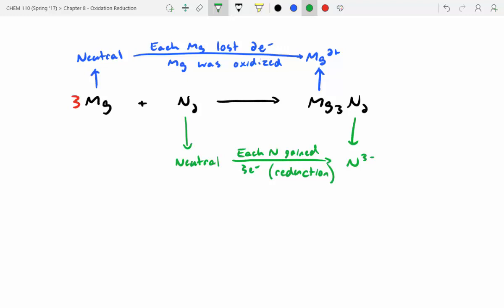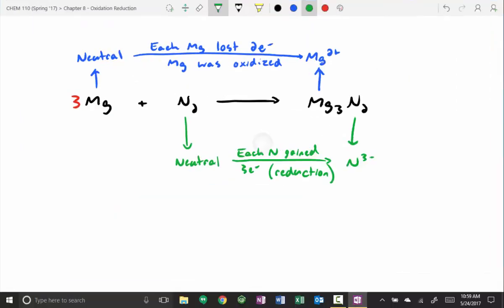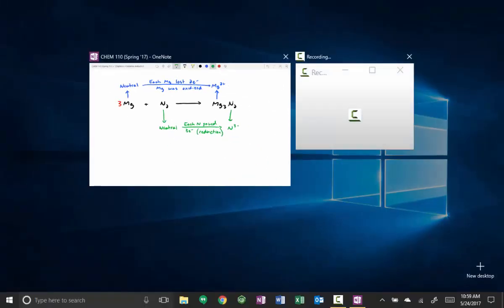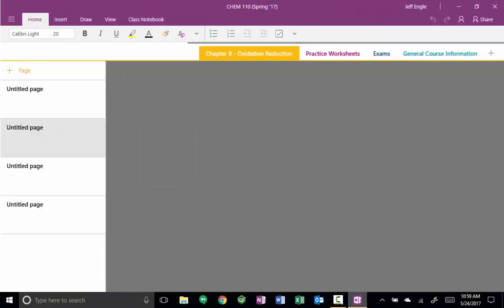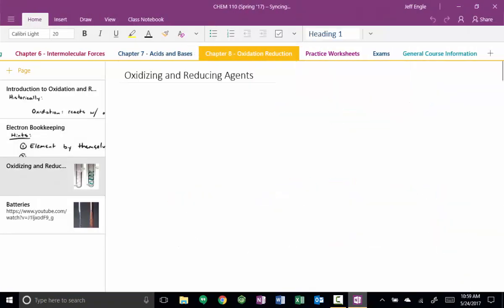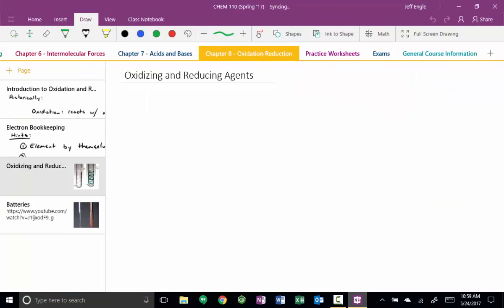All right, so let's move on to the next section. So the next section is really similar, but now we're going to talk about oxidizing and reducing agents.